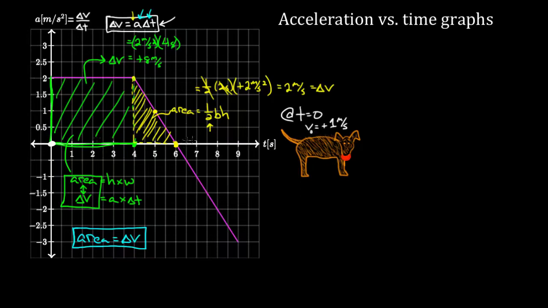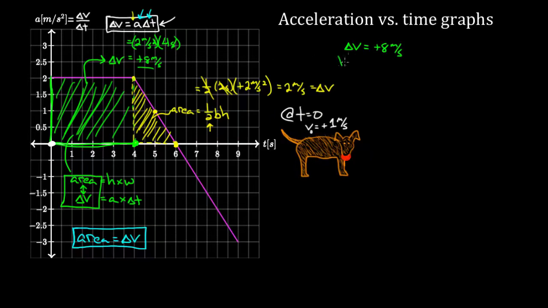Now I can get the velocity wherever I want. If I want the velocity at 4, let's figure this out. To get the velocity at 4, I can say that the delta V during this time period right here, this 4 seconds, I know what that delta V was. That delta V was positive 8. We found that area, height times width. So positive 8 is what the delta V has got to equal.